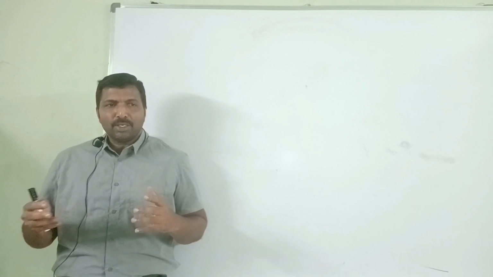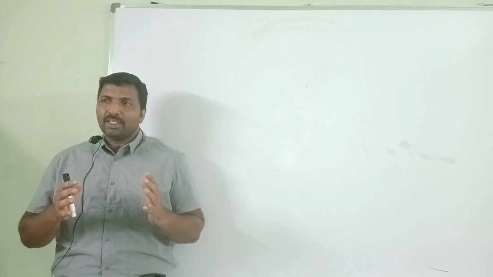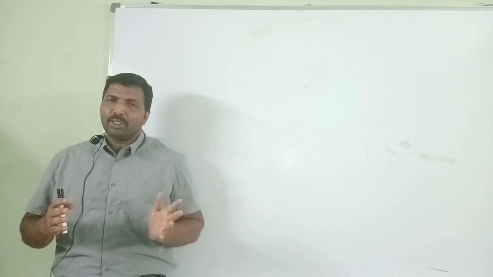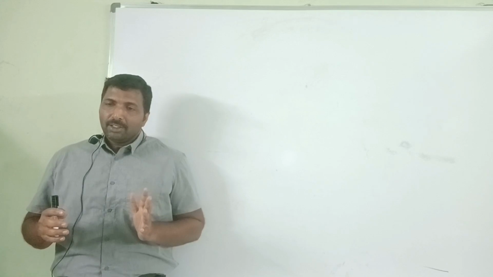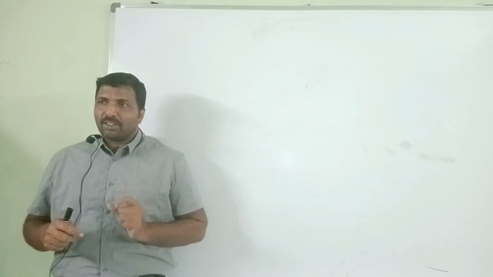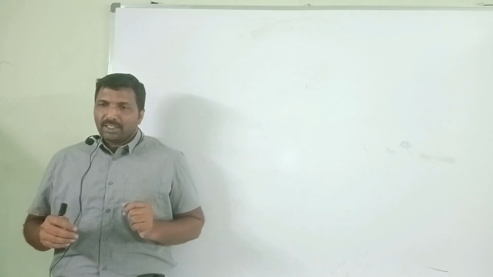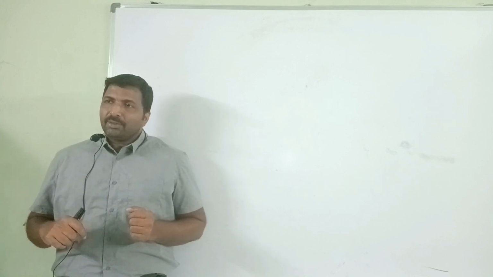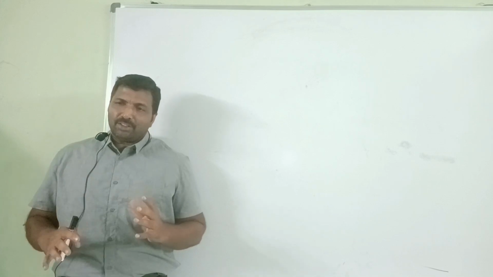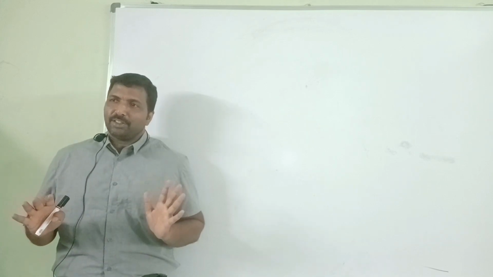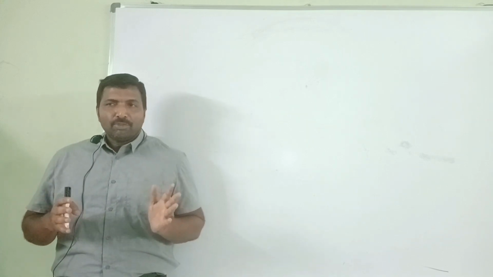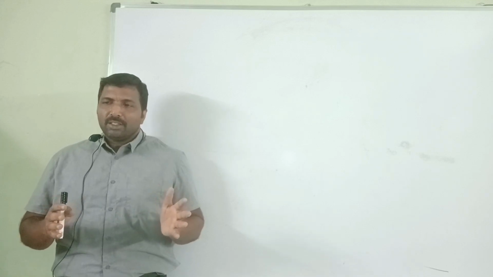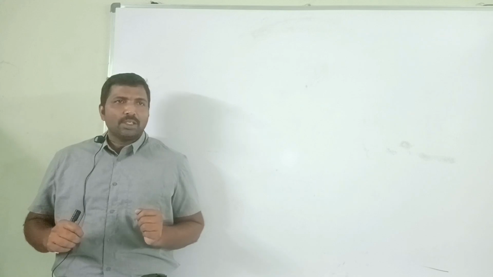If you use today as an adverb, it can be used at the beginning or ending: I am busy today, otherwise today I am busy. But if you use today as a subject, today is a special day, today is Thursday, you are speaking about today itself. Once you use today as subject, you should not keep today at the end of the sentence. Okay.